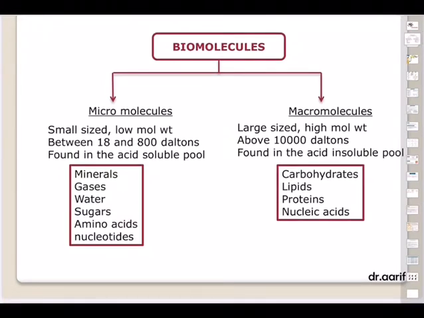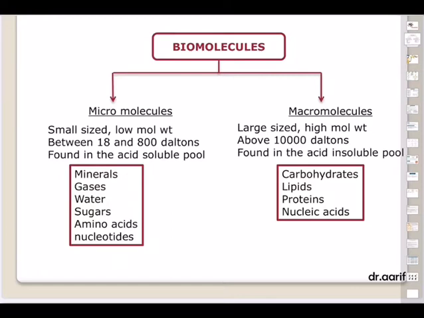And further, based on their weight we classify biomolecules into two types, micromolecules and macromolecules. Micromolecules, we measure their weight in terms of Dalton. Remember that great scientist, Dalton's atomic theory. They have low molecular weight, 18 to 800 Daltons, and they are found in the acid soluble pool. What are those?